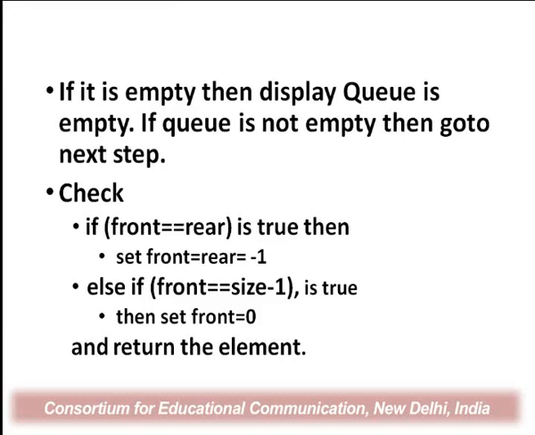So if front equals rear, that means only one element is available. Else we need to check if front equals size minus 1. If so, then we need to set the front index to 0. We return the element and update the front pointer as required.